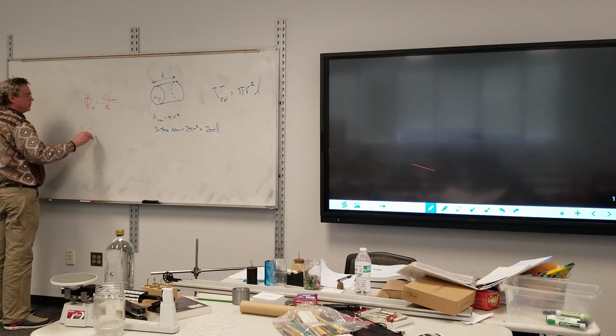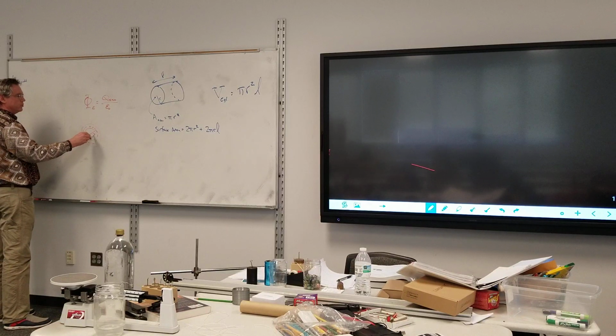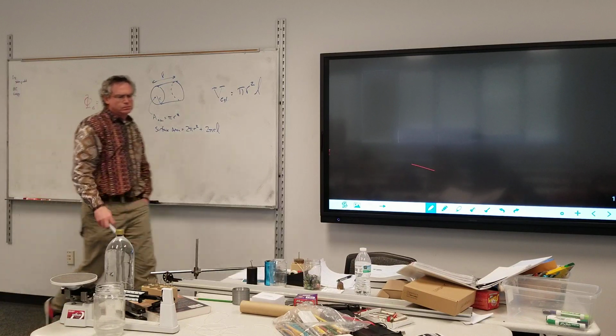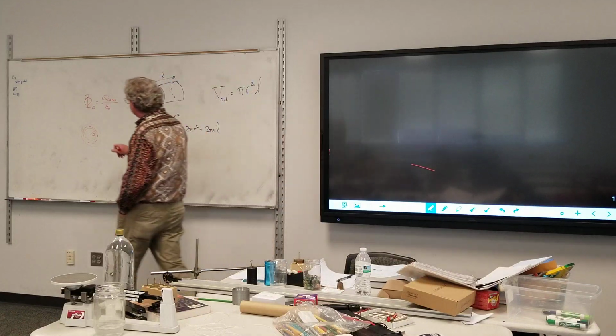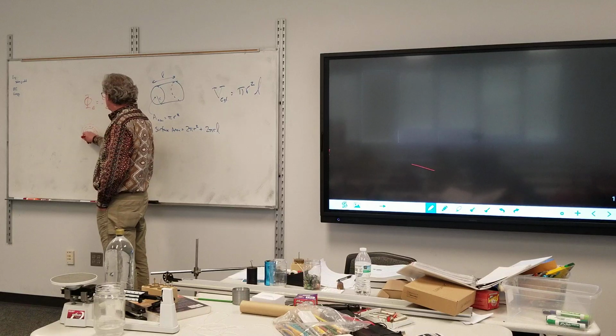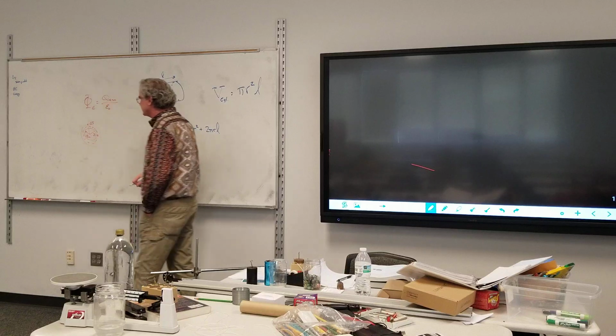We have the annular cylinder, and we are at 0.2. Yeah, it was 0.21 meters. This was 0.18 meters and 0.25.